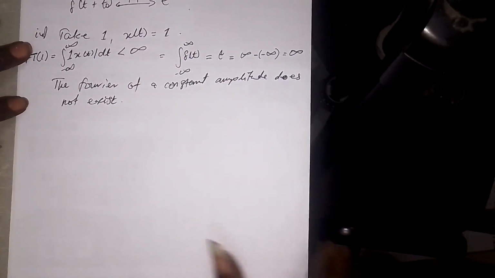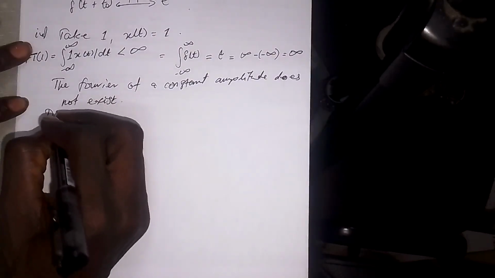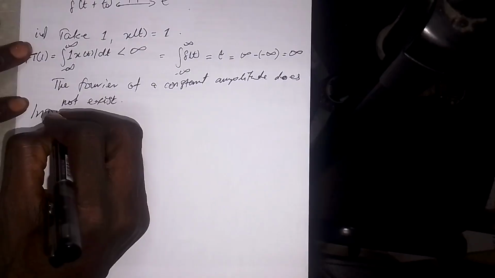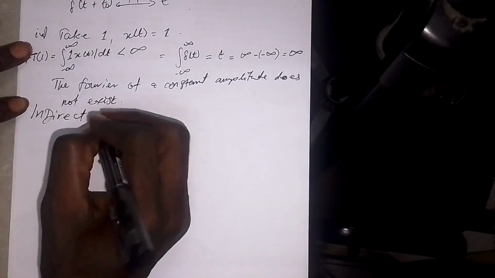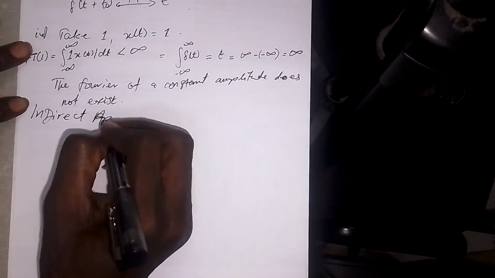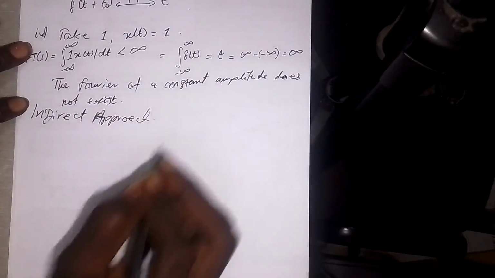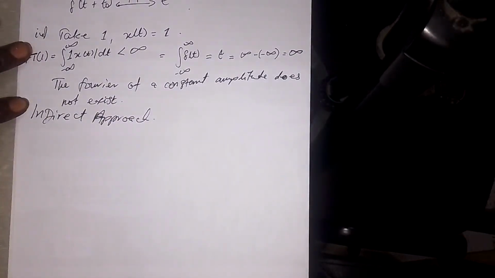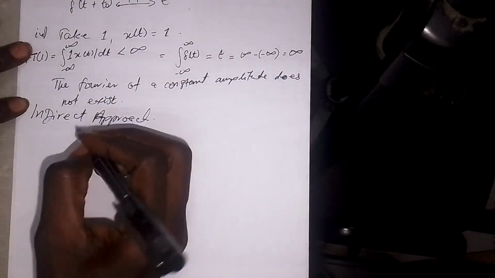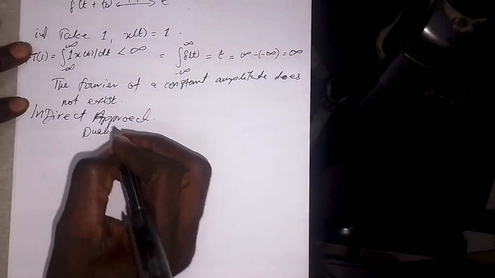So we will use another approach to find it. We will call it the indirect approach, and we will use the duality property.